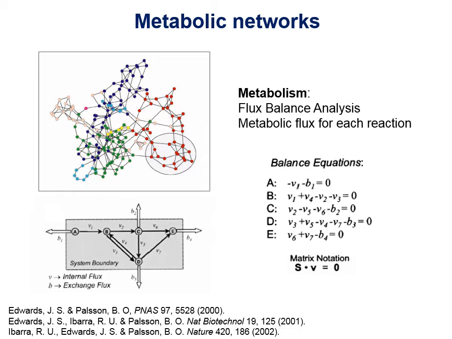The balance of these reactions is usually set equal to 0. Then you have a matrix notation, S times V equals 0. There are many papers that you can check to learn more about FBA. It's a very nice modeling framework to create and also to interpret metabolic reactions.